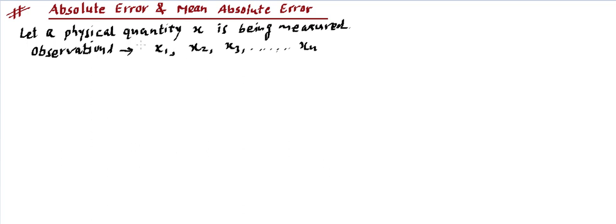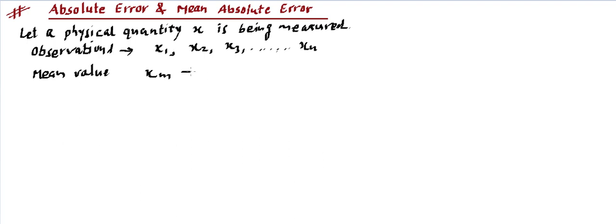Now if we are talking about what the mean value of this quantity is going to be, we can write it as x mean, or simply xm. Xm is representing the mean value of observations.